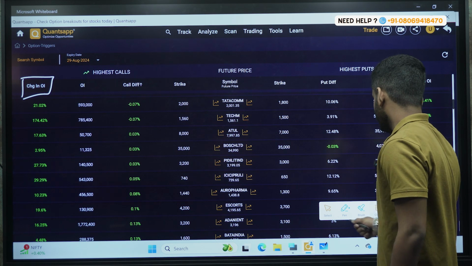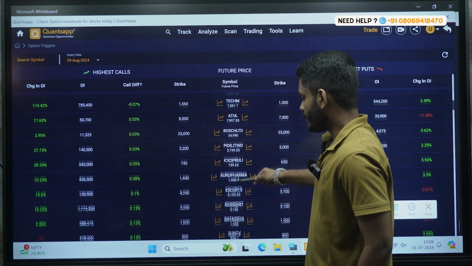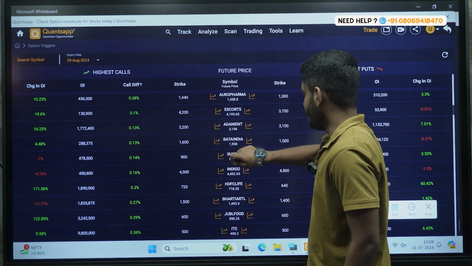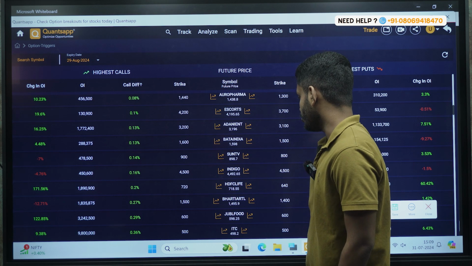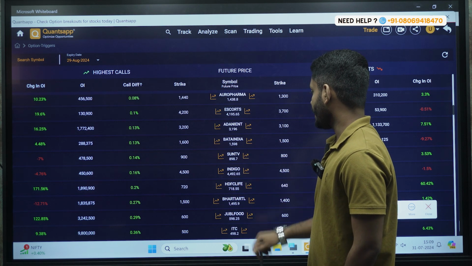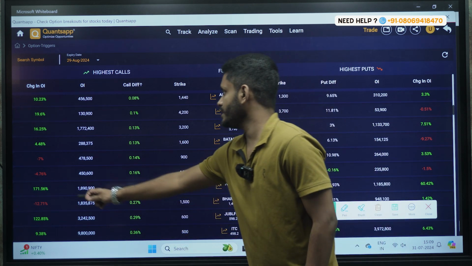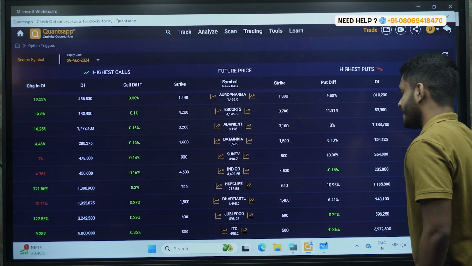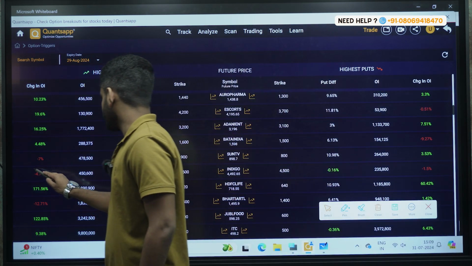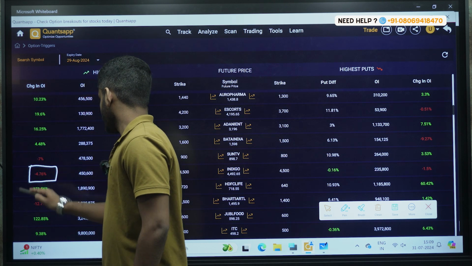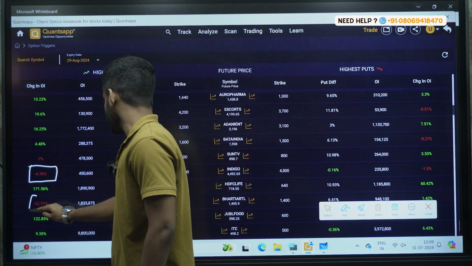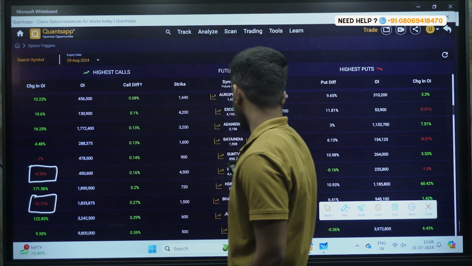Now see for Oro Pharma, Escorts, and here, Indigo. Can you see Indigo? 4492 is the current price, 4500 is the resistance, and the change in OI is negative. The call difference is 0.27%? Check. Also see Bharti Airtel.